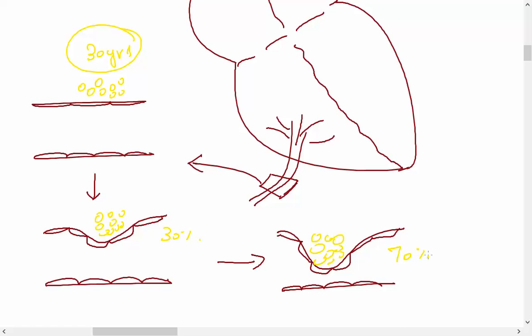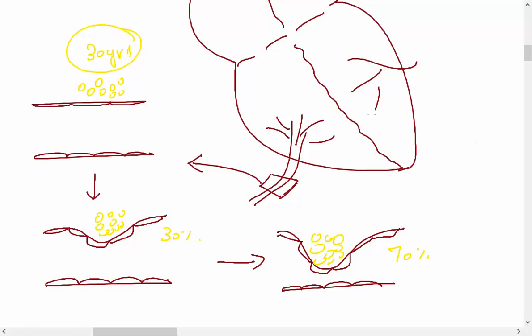This kind of block is progressive and very slow, taking years. So when this kind of block is progressing, the heart gets huge time, right? So it will try to bring some solution. What it does is, we have right and left coronary arteries.